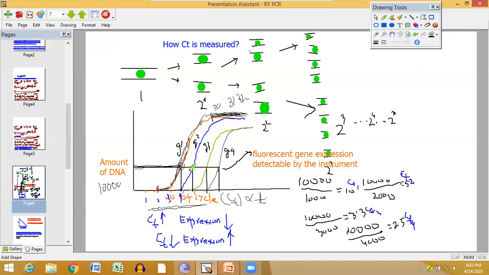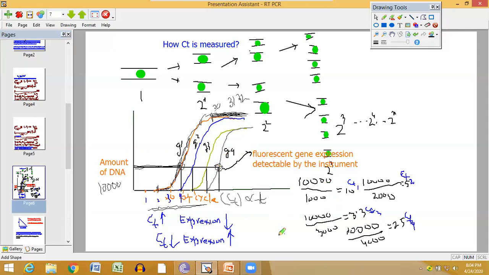So it doesn't require much time to reach the target destination. But the gene which reaches the target point with a higher number of cycles, like 8 cycles or more, was initially expressed less. That's why it has to take more time, more cycles, to reach the same target point.